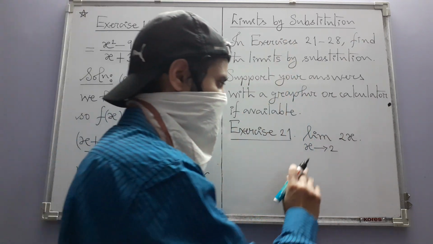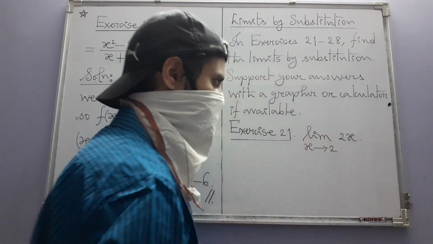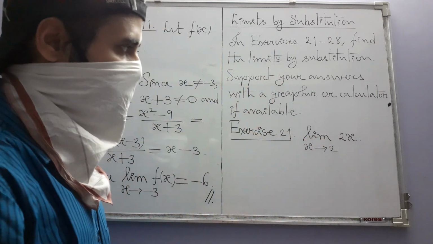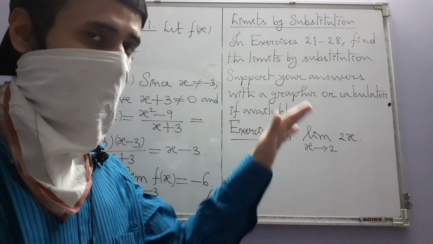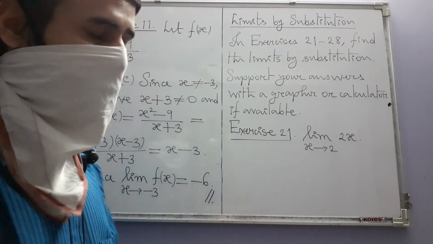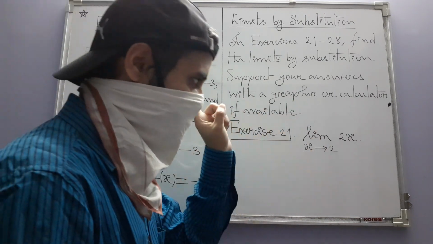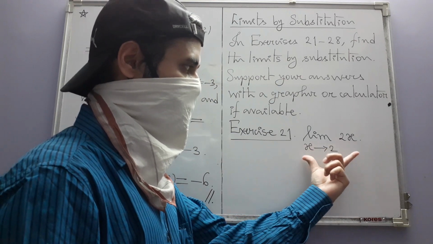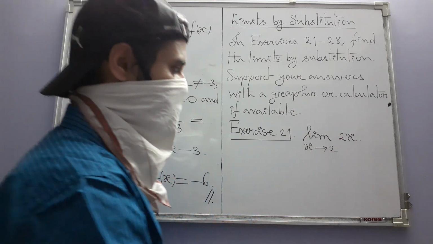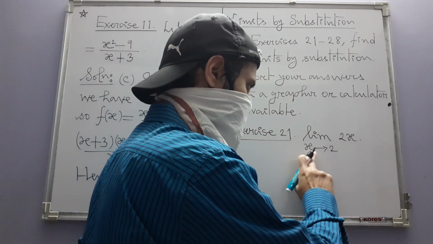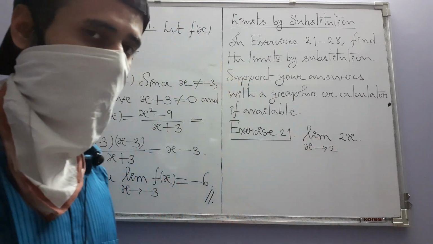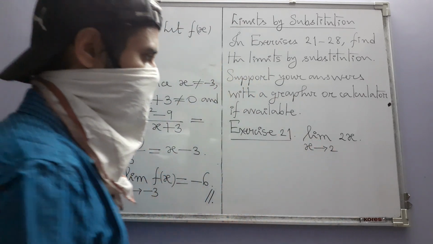Again, I am repeating, do not take x equal to 2 when you are making those tables, because x is not equal to 2. When you are considering any such limit, the independent variable is not equal to this value. Always keep this in mind.